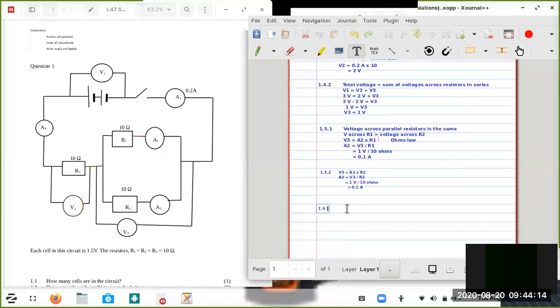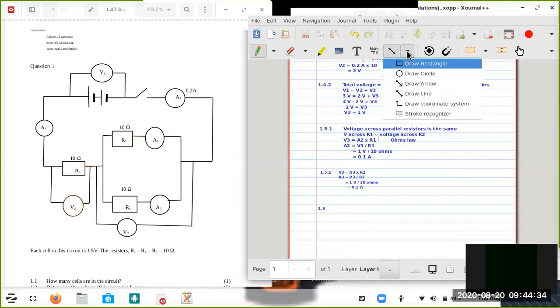Since they are parallel to each other, allow me here, sorry, the shapes might not be all that good, so please bear with me.